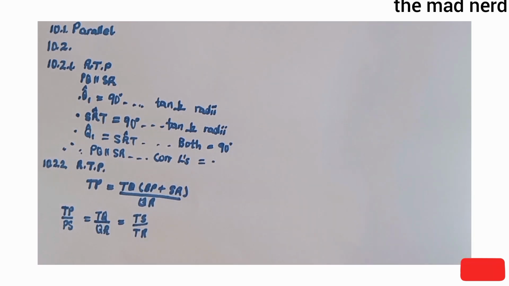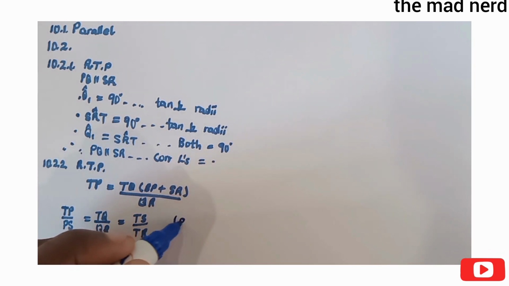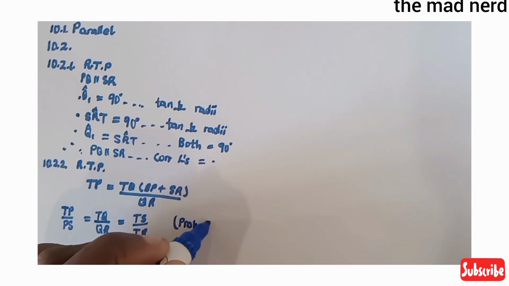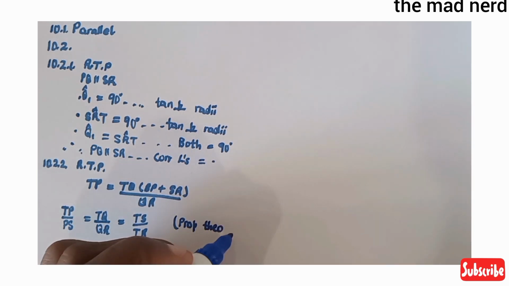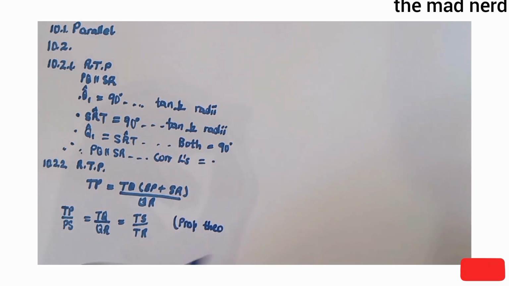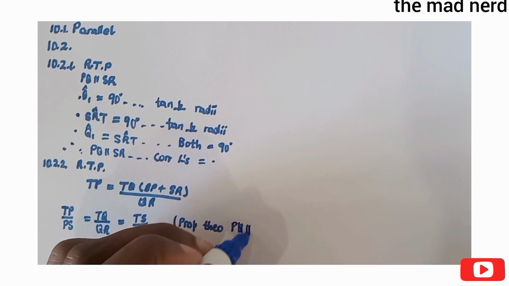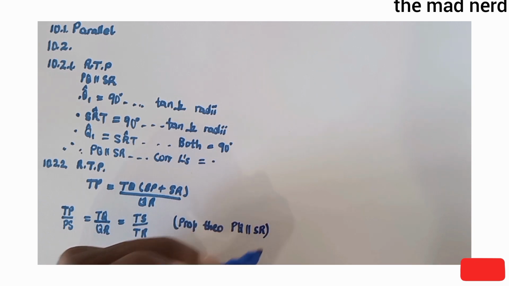Now our reasoning over here should say proportionality theorem, and then we mention the lines that are parallel, which are PQ parallel to SR.